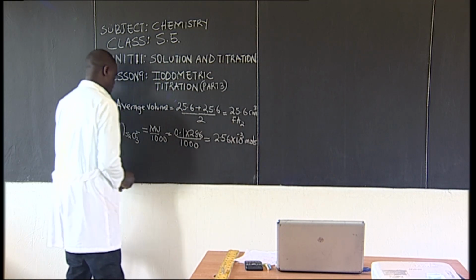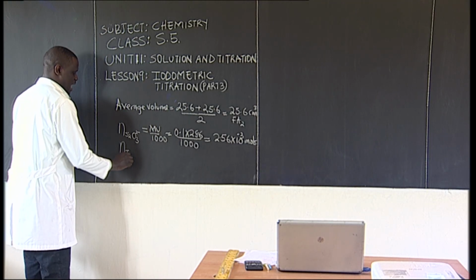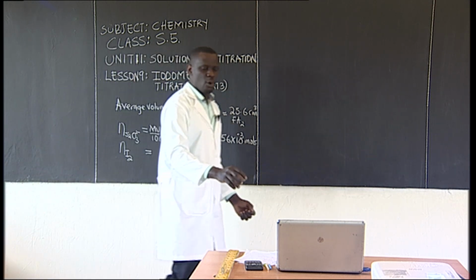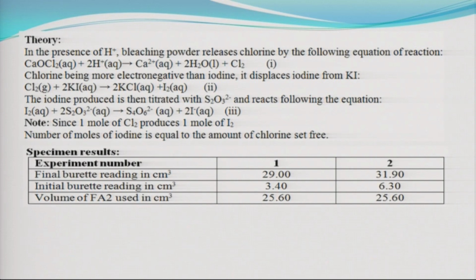Then from there we shall get the moles of what? Iodine. So before we go to the moles of iodine, we need to look at our equation. So we are going to use equation 3, if you look at your screen.